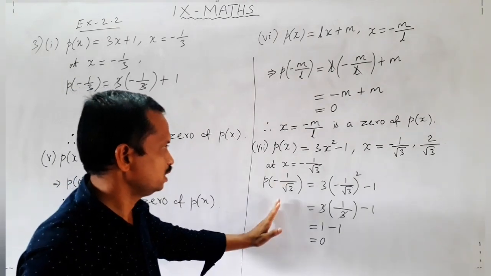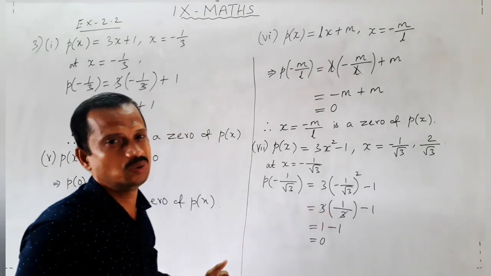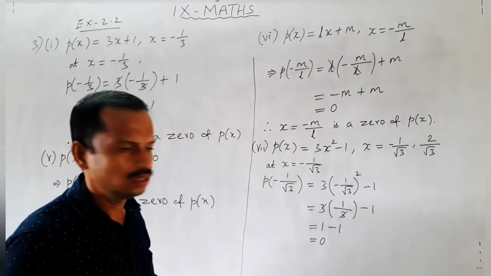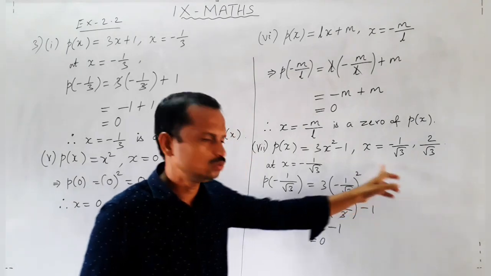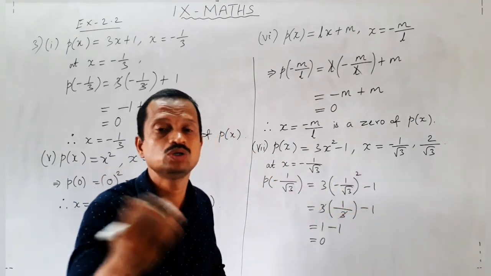Therefore, we can say minus 1 by root 3 is a 0 of this p of x. Why? Because when we put minus 1 by root 3, the value of the polynomial becomes 0. So that is the definition of zeros of a polynomial.